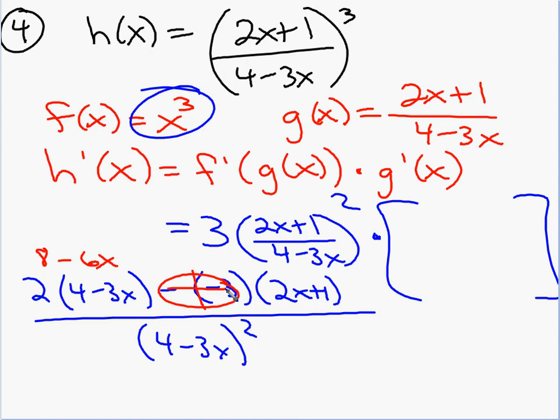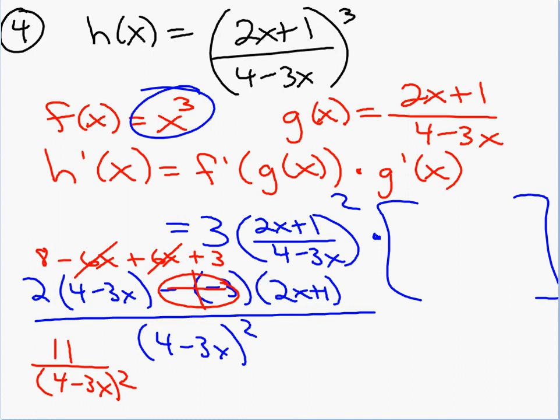So that will become plus 6x plus 3. So it looks like the 6x's go away. Get out the slasher. And I just have 11 over the quantity 4 minus 3x squared. And that is what goes in my bracket. I wouldn't FOIL it out, no.